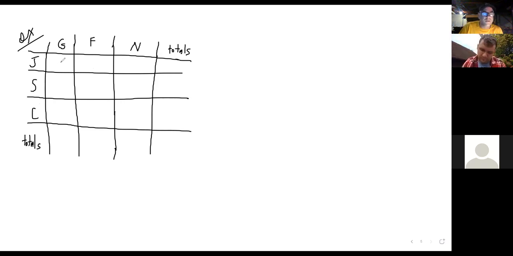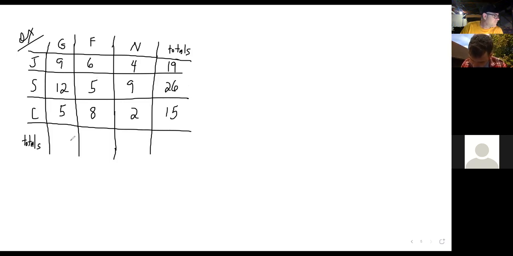All right, now I'll put the numbers in. 9, 6, 4, total of 19 on that row. 12, 5, 9, 26, total for that row. 5, 8, 2, 15 for that row. 26, 19, these are the total for the columns, and 15.